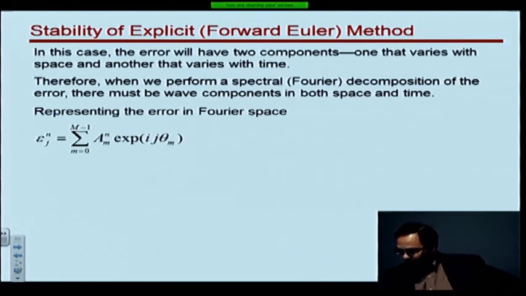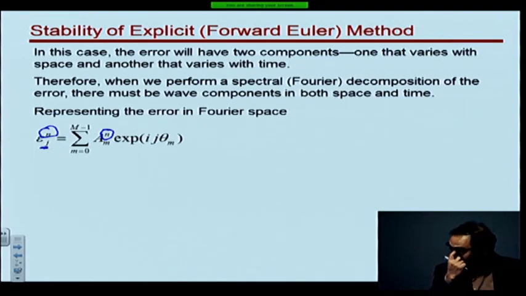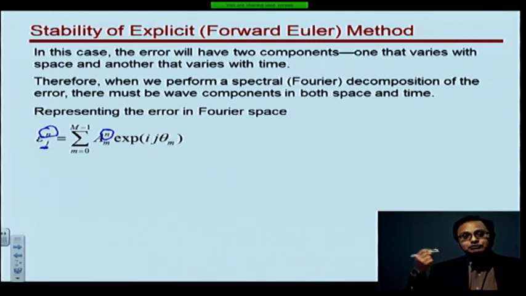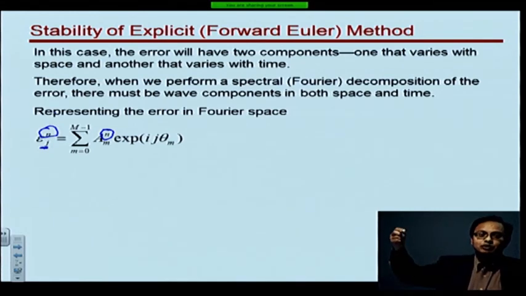Now here, this is error at node j and time index n. Notice that now the amplitude also has a time index n. So that's the amplitude at time index n. Now if that amplitude at index n plus 1 becomes larger, then we are in trouble, because it will successively keep growing with more time marching and finally blow up.